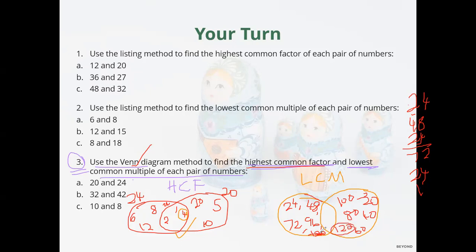So you don't write 120 here, you write 120 in the middle, and that is your first common multiple, the lowest that crosses both. Do you understand? So 120 is a multiple of 24. 120 is also a multiple of 20. You guys understand now? So this is method 2, Venn diagram.